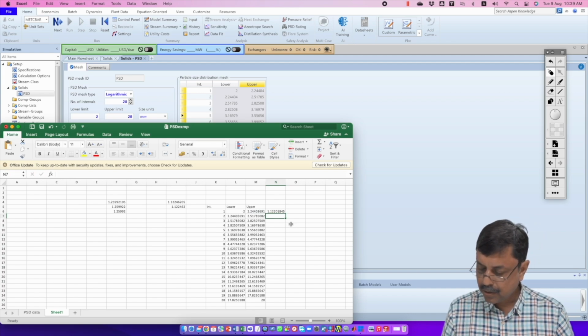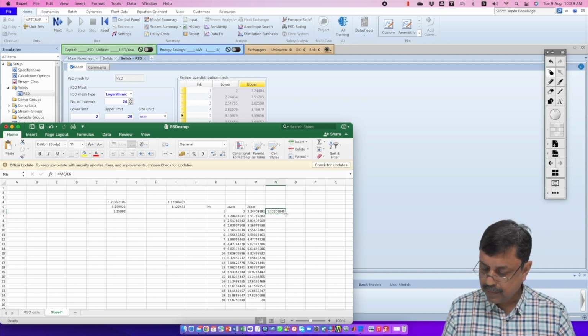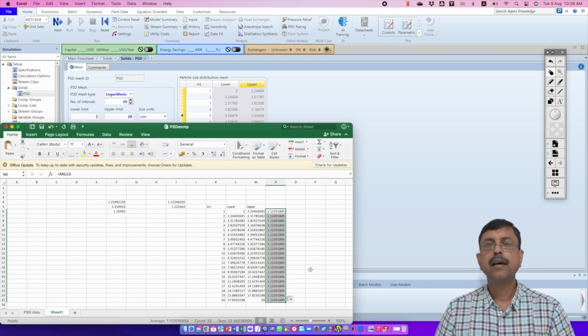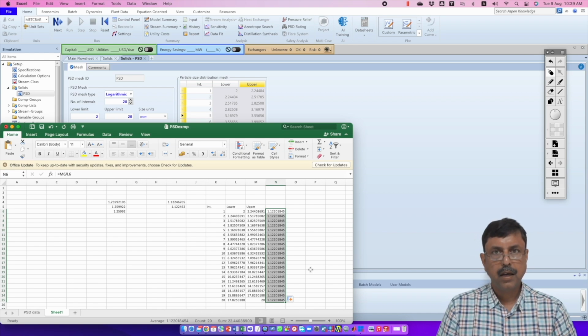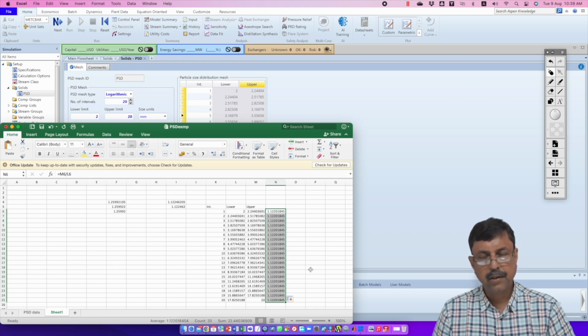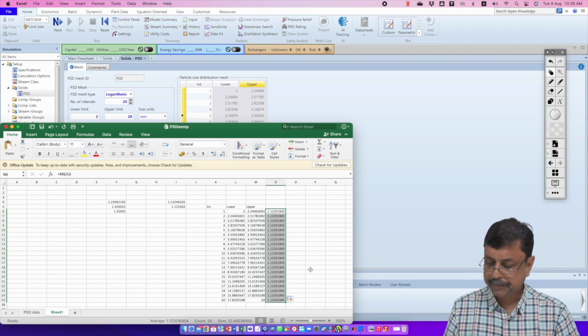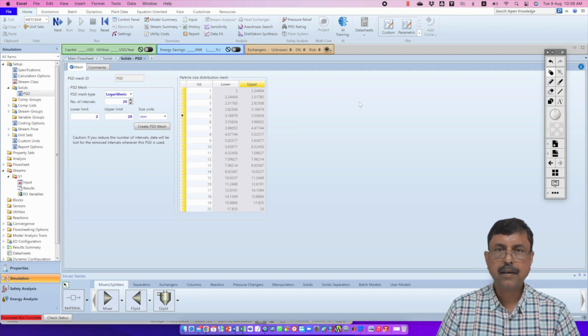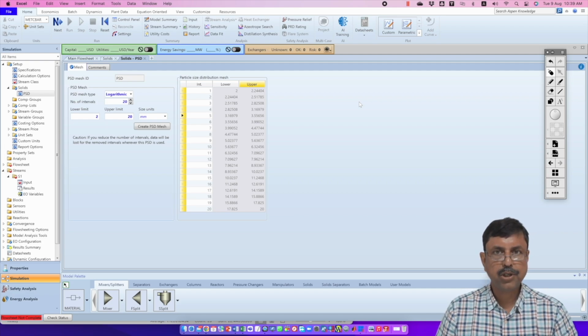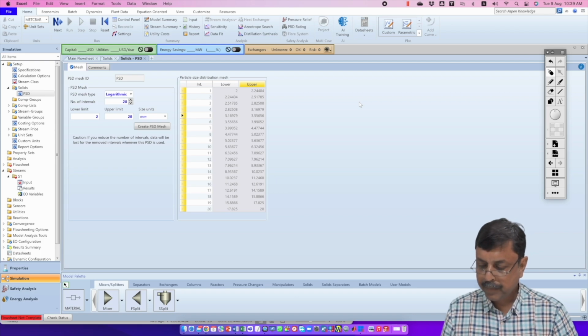Check the ratio and do it for all of them, and you find the ratio is the same for each upper and lower limit. So this is logarithmic distribution of mesh. So that's how you can create a particle size distribution mesh.